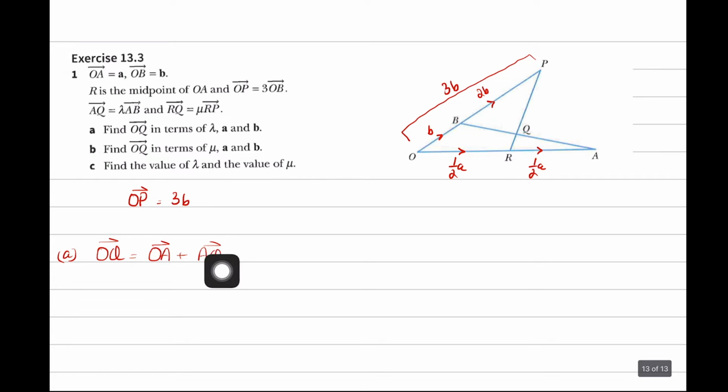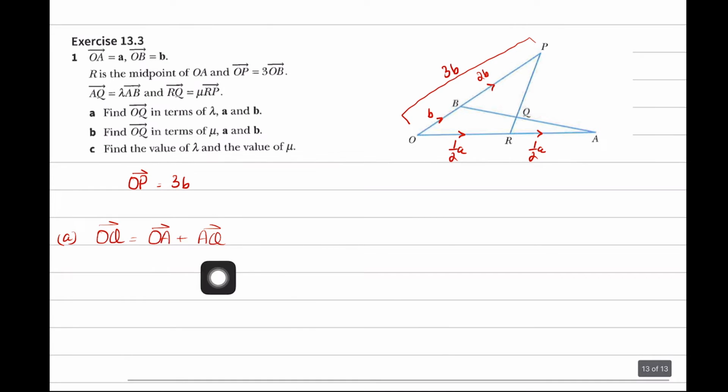That's why this is the better option. And notice that the question is telling us to find the vector in terms of lambda, A and B. The question is not expecting you to find the value of lambda immediately. That we'll do in part C. So I hope everyone understands why this is the route that we have opted for and not any other route. If you don't, feel free to ask.